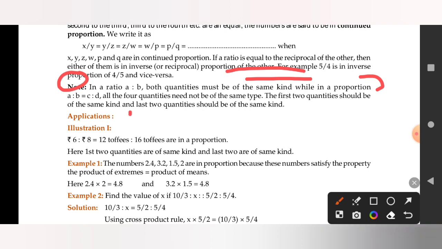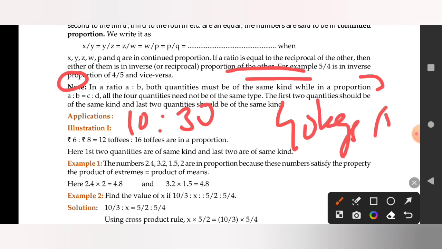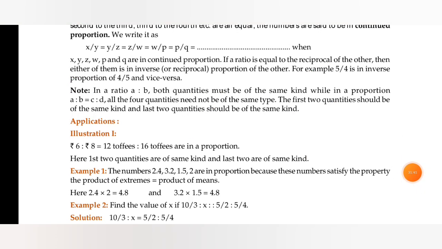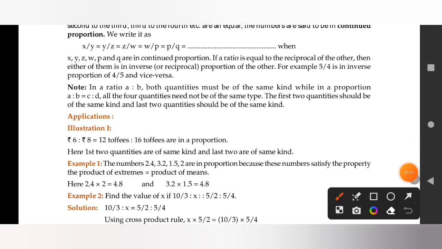Example, 10 years and 30 years, and 40 kgs and 120 kgs. So both these are equal, even though 10 and 30 are in years and 40 and 120 are in kgs.